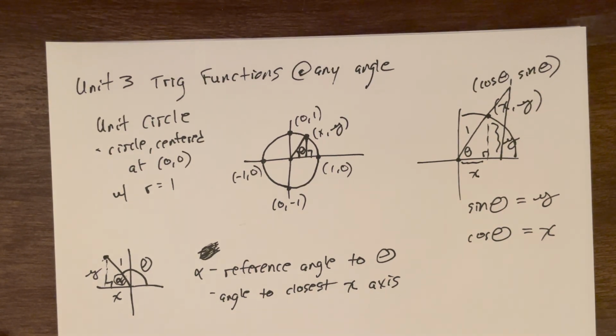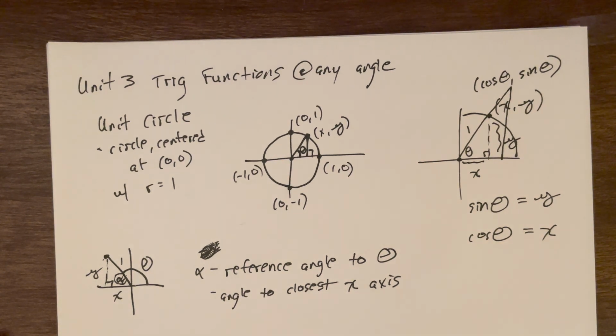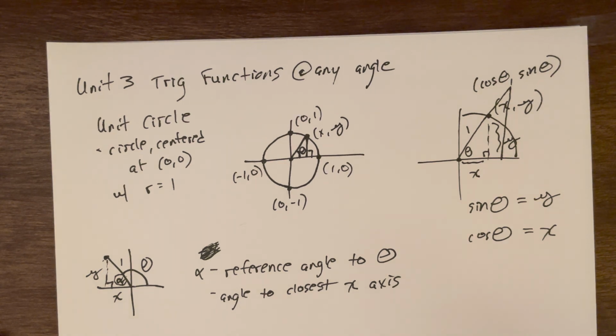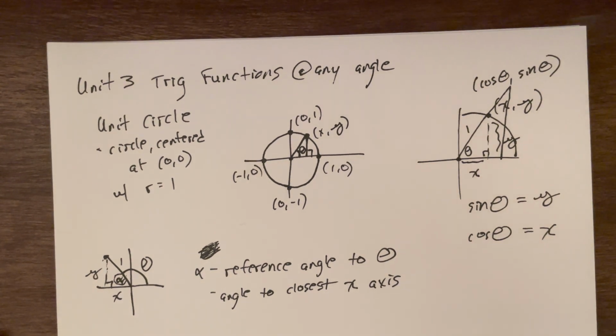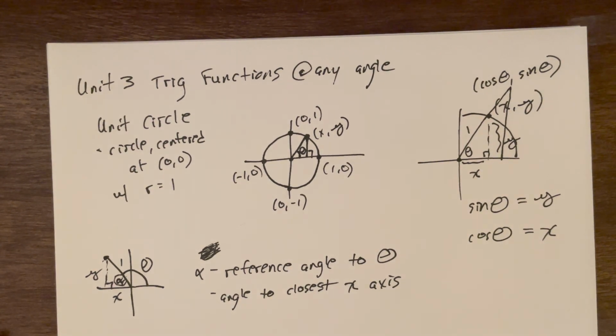And if you go back to Unit 2, and we'll do this in just a moment, I promise you, I gave you a trig value, told you theta was acute, and then asked you to find the other trig values. And I said, don't worry about the theta is acute for right now, but that's why I needed to include that. If theta is not acute, we might be in a different quadrant. And if we're in a different quadrant, we have to have the possibility of positives and negatives. So how does that work?